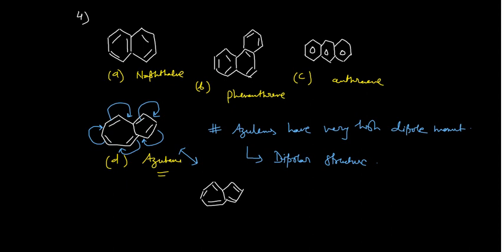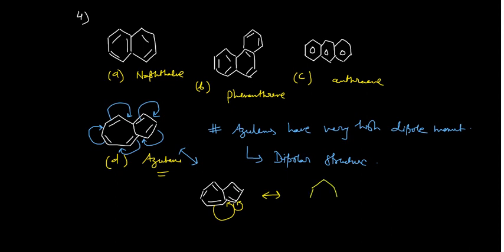Okay, see, in that case what happens? There is a mechanism in which it forms a dipole. It forms a dipolar structure. So how does it form the dipolar structure? Say for example, this electron pair will come here, and this will come here. So what will it result in? It will result in a very special species.